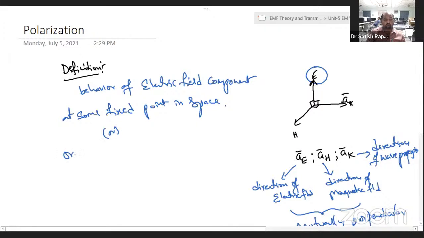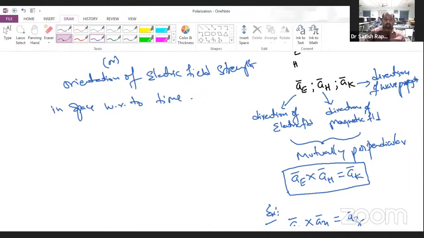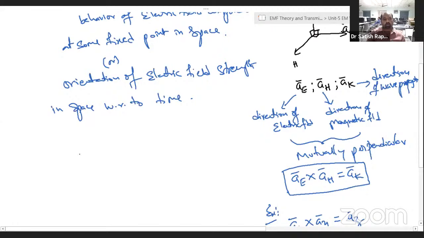Or orientation of electric field strength in space with respect to time is called as polarization, right?